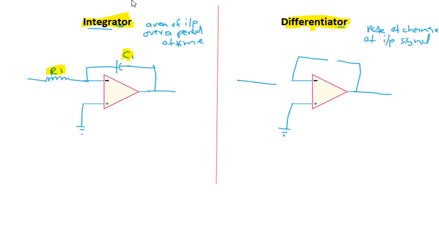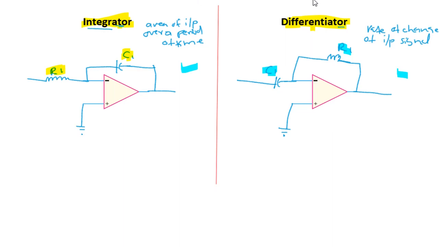Instead of R1, I will connect the capacitor C1 here, and the resistance R1 is here, and this forms the circuit of a differentiator. So I changed the position of the capacitor C1 and R1 in the integrator. The first circuit will work as an integrator, and the second will work as a differentiator.